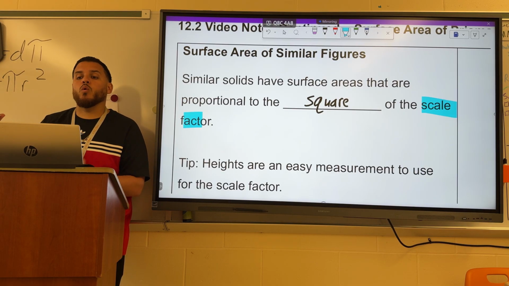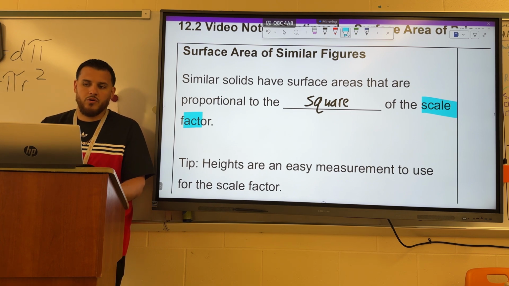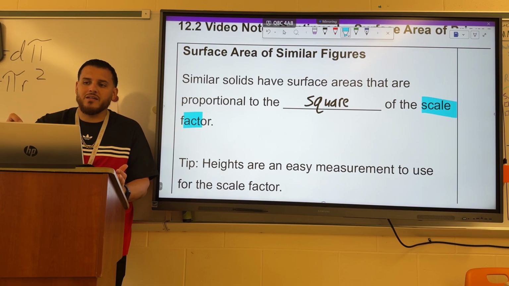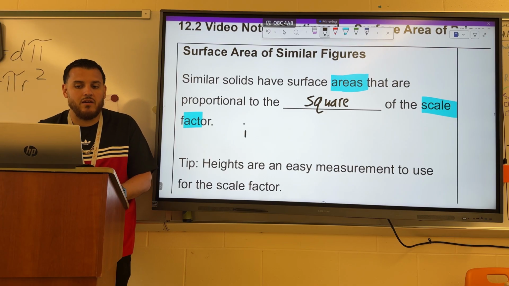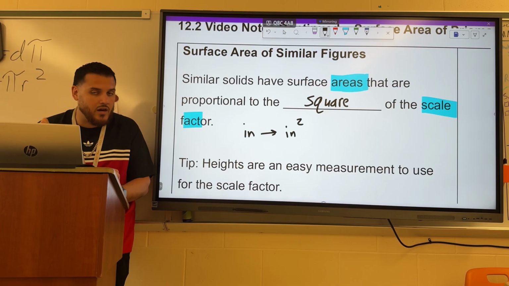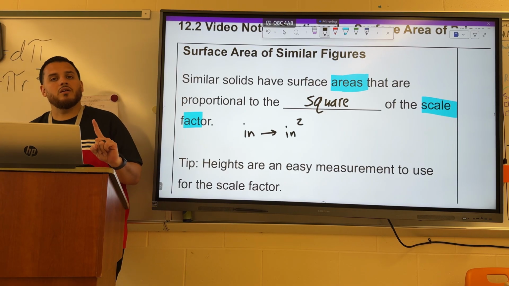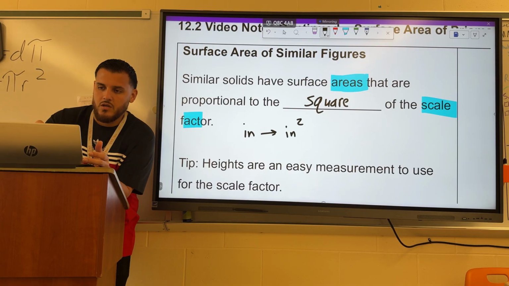Well, when we square that scale factor, our surface areas will be proportional. Why squaring? Because area is a 2-dimensional measurement. It's always units squared. So in 1 dimension, we may have inches, but in 2 dimensions, we have inches squared. So surface areas are going to be proportional to squares of 1-dimensional measurements.